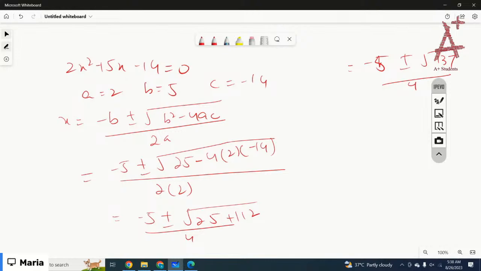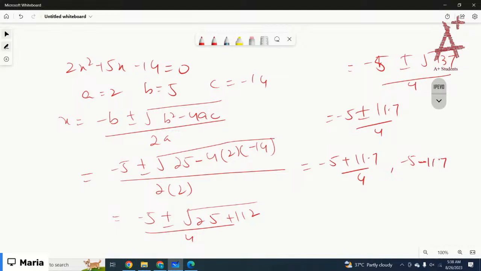And square root 137 is 11.7. So you have negative 5 plus 11.7 over 4 and negative 5 minus 11.7 over 4.